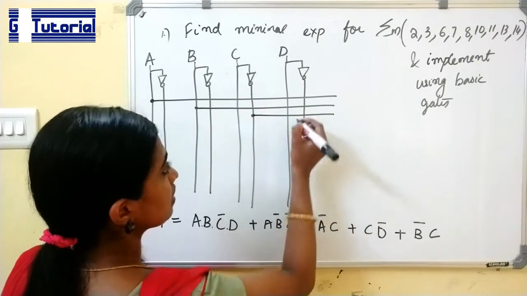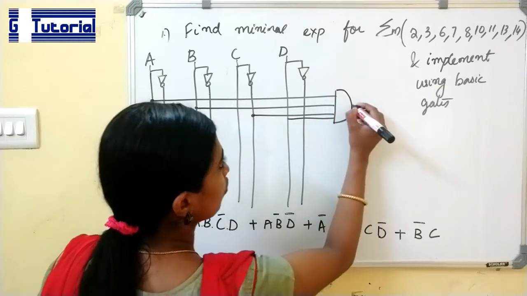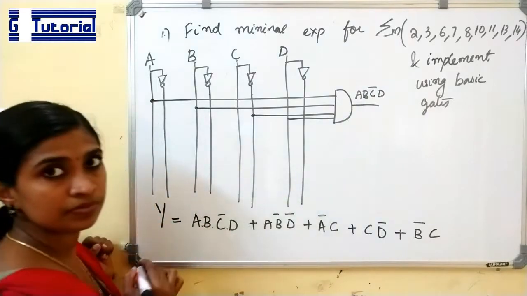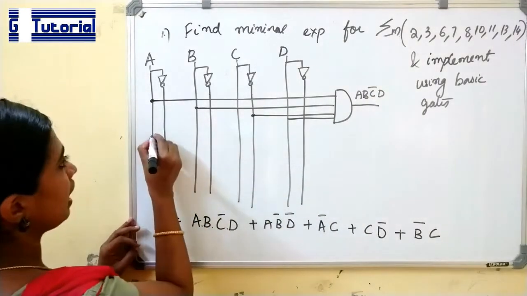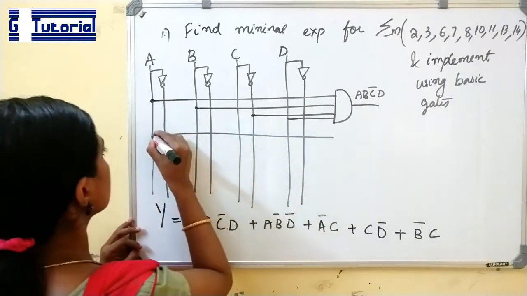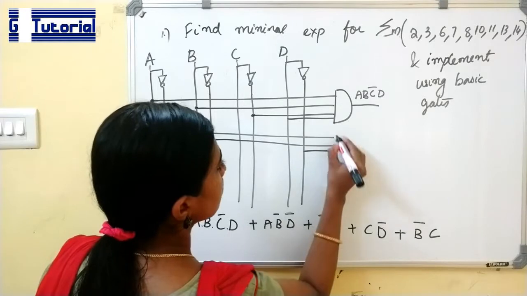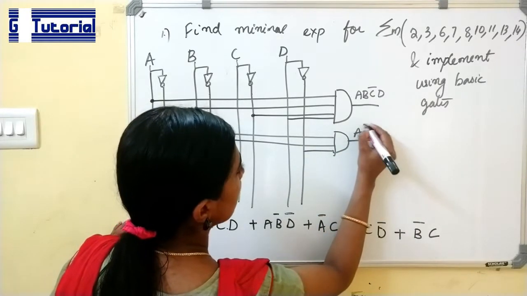Next one is D. So we are adding these 4 and the output is A, B, C bar, D. Next is A, B bar, D. So A, B bar, D. This is A, B bar, D.